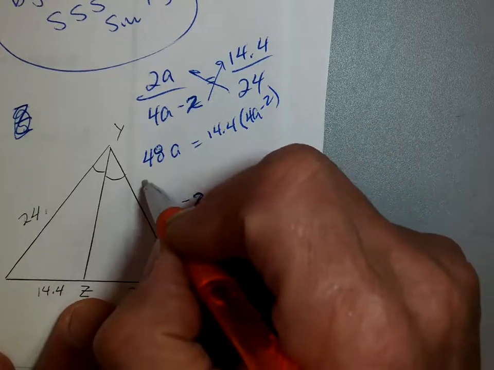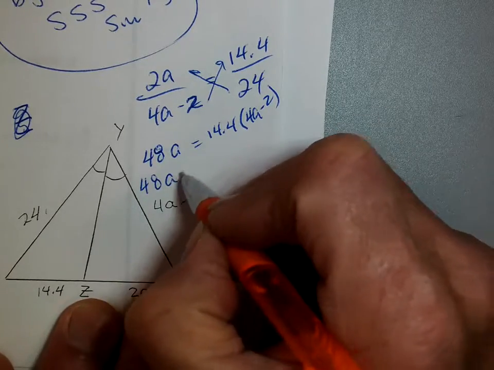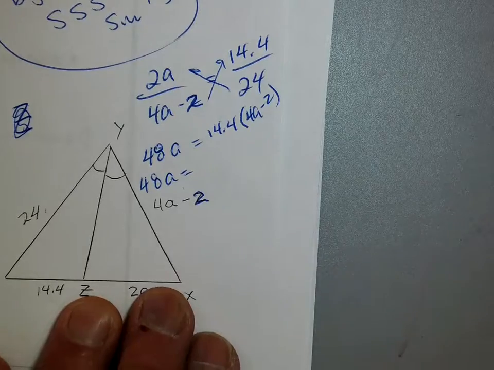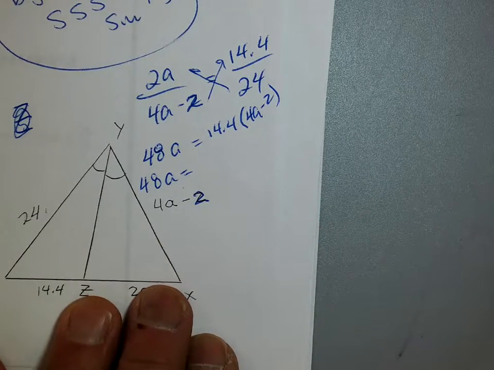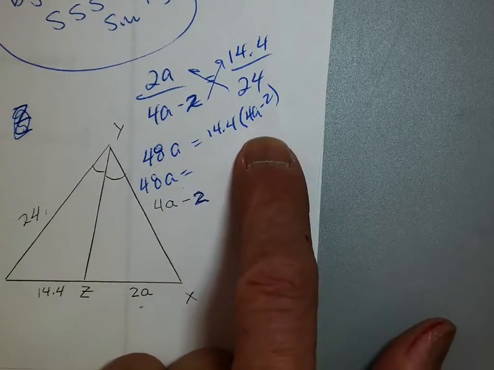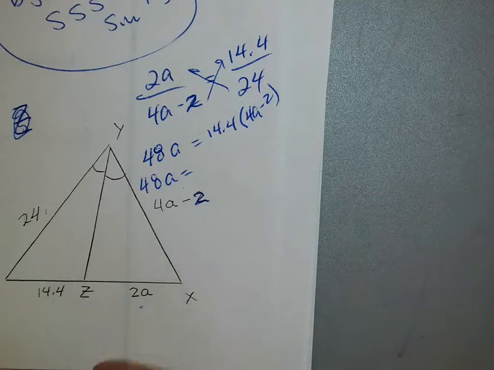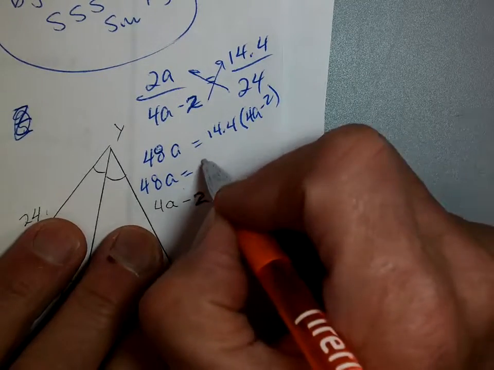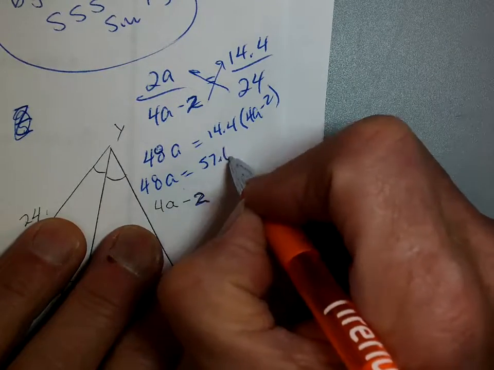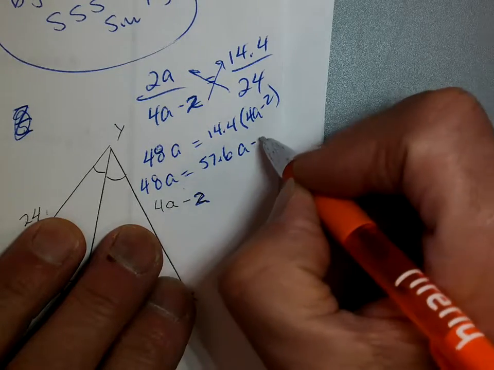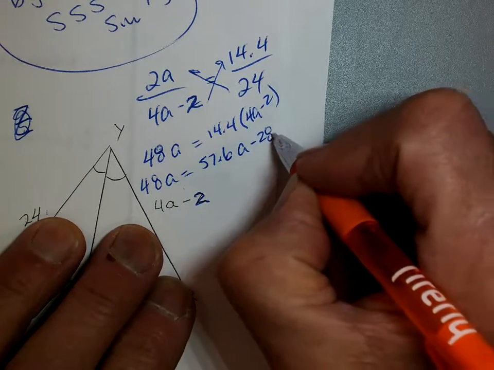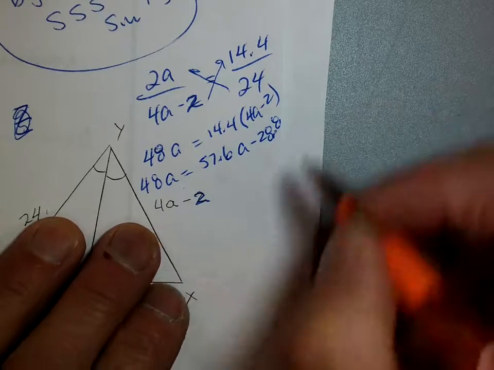I'm going to distribute. I have 48a equals, let's see, 14.4 times 4, what does that equal? 57.6a minus 28.8.